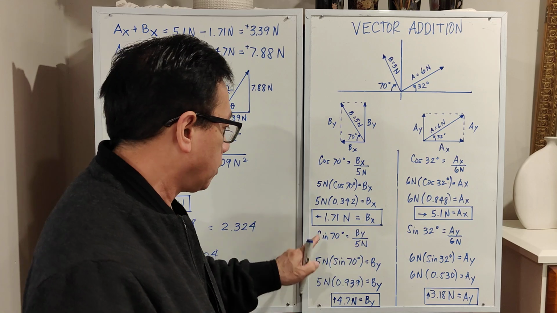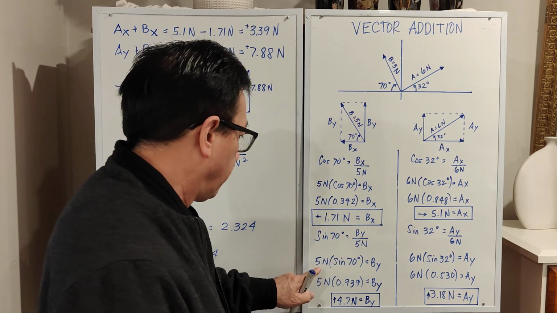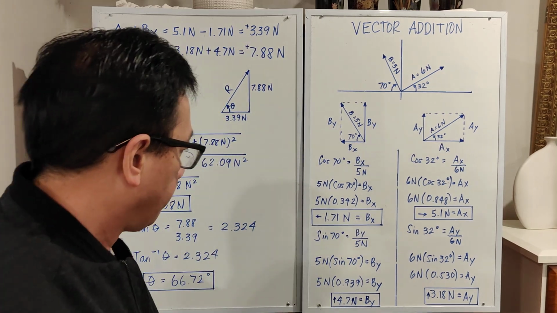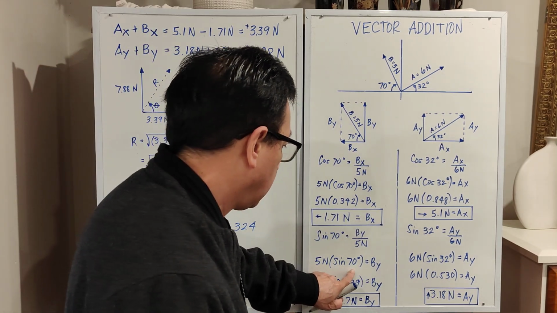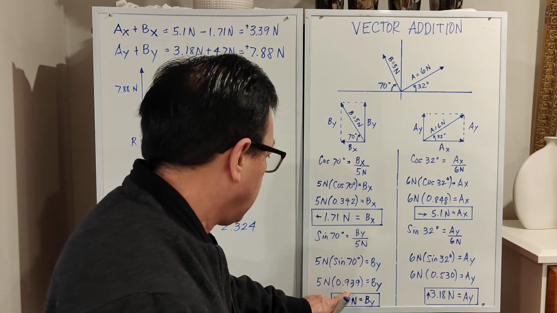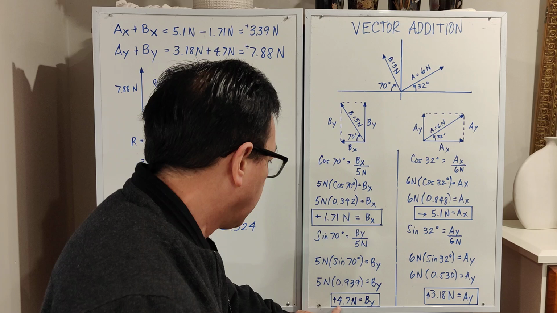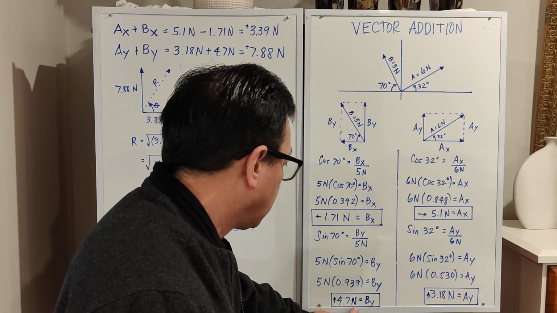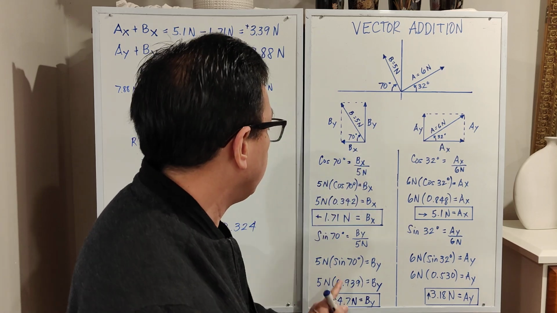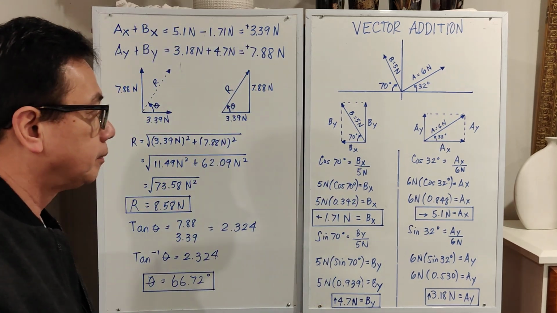Multiplying 5 newtons on both sides, we get 5 newtons times sine 70 is equal to By. Sine 70 is 0.939. Multiply it by 5 newtons, we get 4.7 newtons. That is your By going upwards.